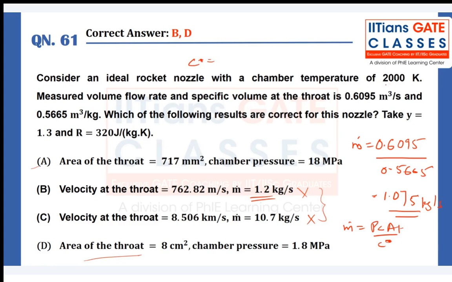C star, because we know the combustion temperature. So RTc by R value is given, gamma value is given, and Tc value is given. So this can be computed and C star comes around 1198.93 meters per second.